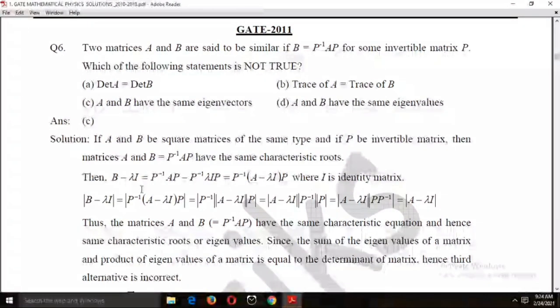Then B minus lambda I equals P inverse AP minus P inverse lambda IP.